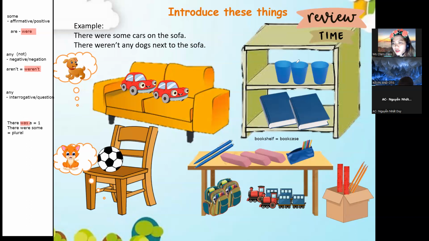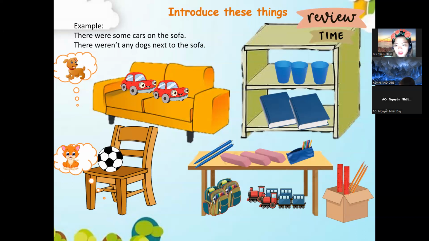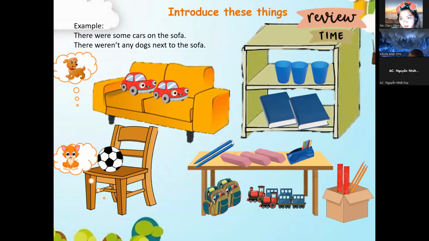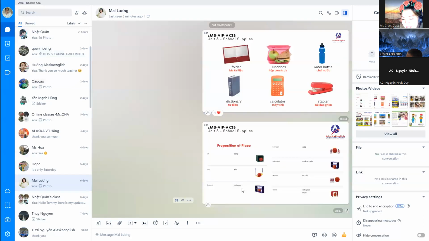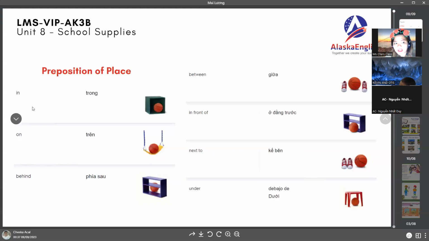Also, if you could still remember, I was able to send this to mommy. Maybe you weren't able to review this one. I sent to mommy this one, the prepositions of place, right? What are the prepositions of place? What are the examples?